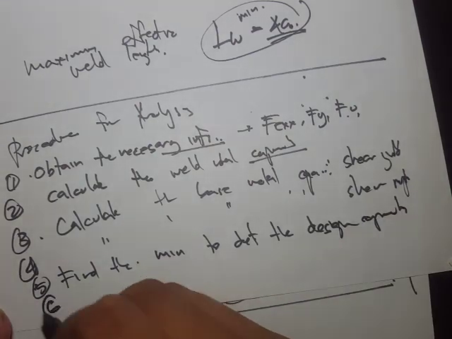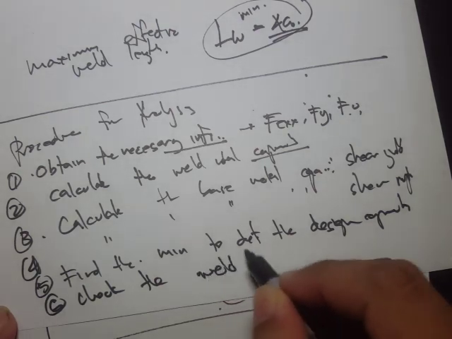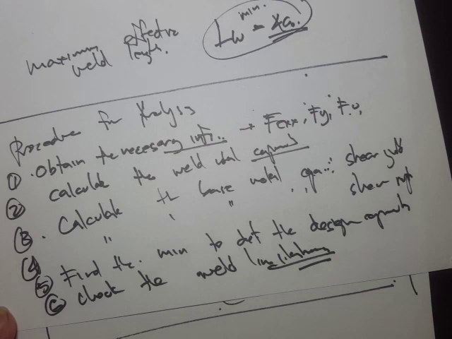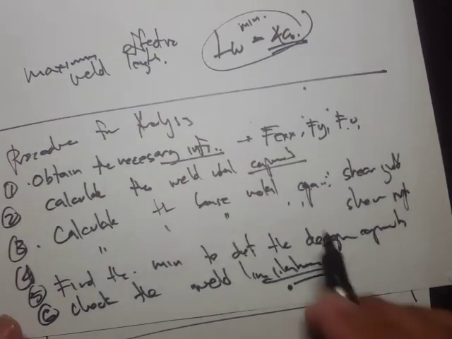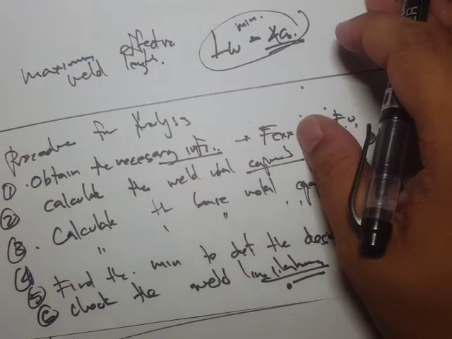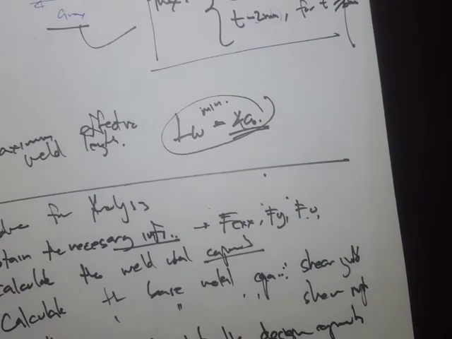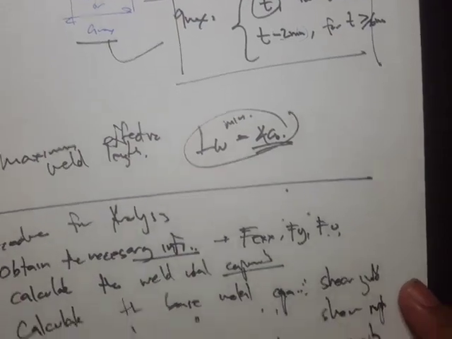After that, you have to check the weld limitations, meaning the A min, or the minimum weld size and the maximum weld size. Okay, so I guess in the next video we will do a problem on this welded joint.